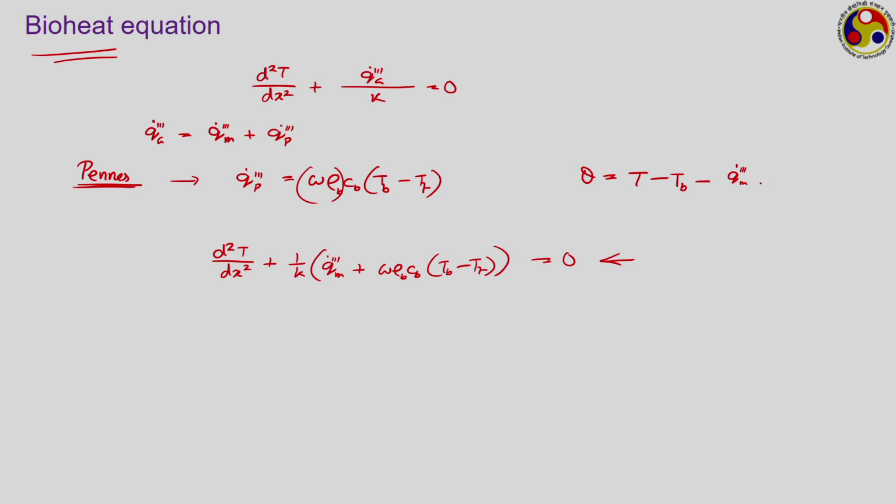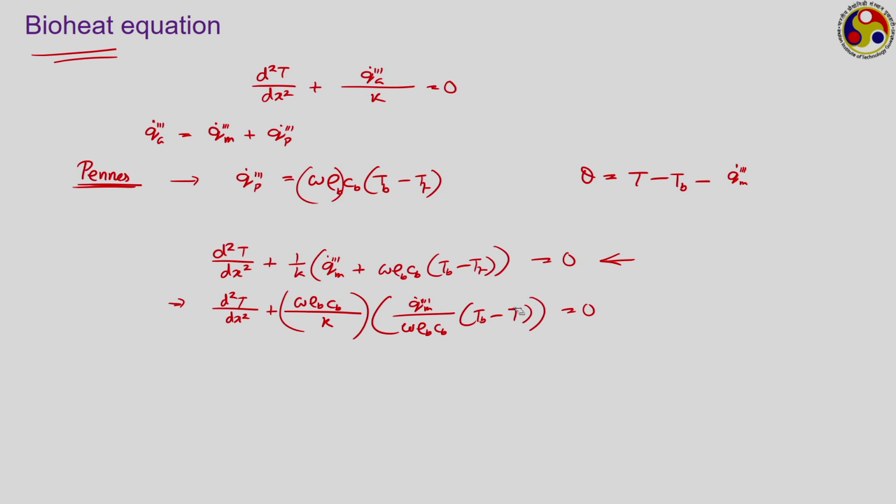Before defining theta, let us just take this term out, this omega rho b Cb, so that we have omega rho b Cb upon k into q dot m triple prime upon omega rho b Cb into Tb minus Tt to be equal to 0.